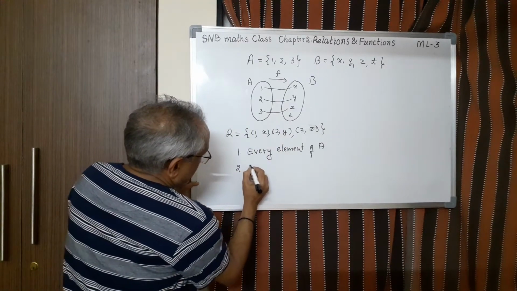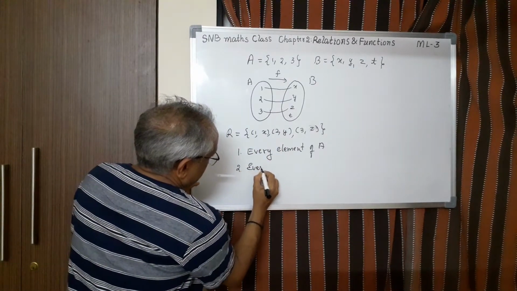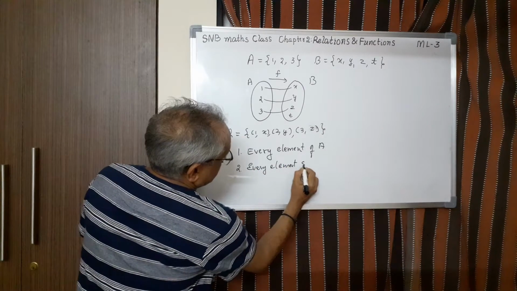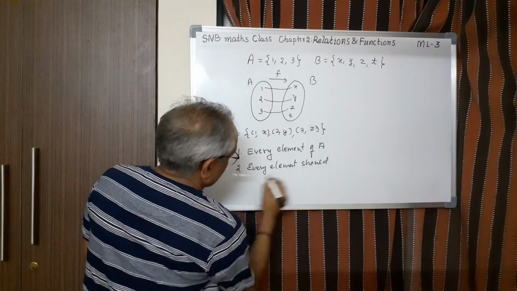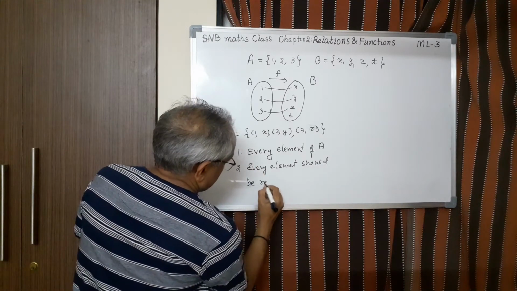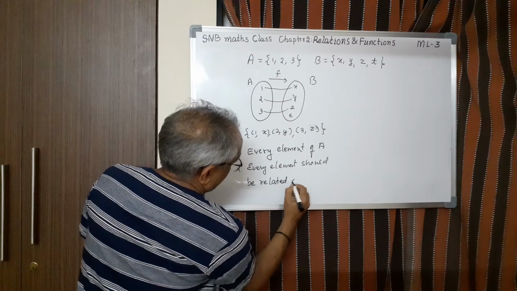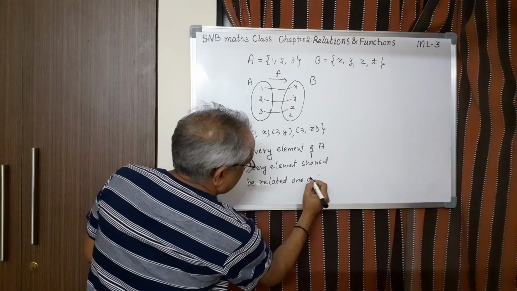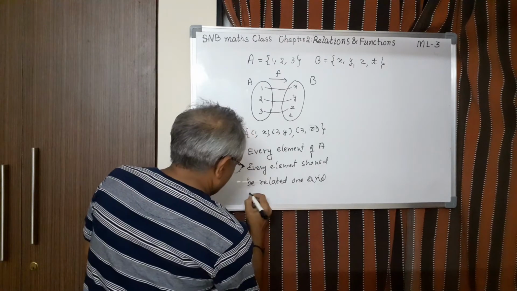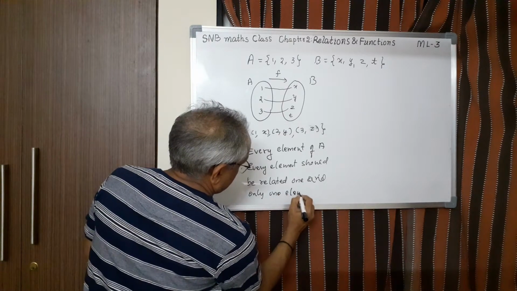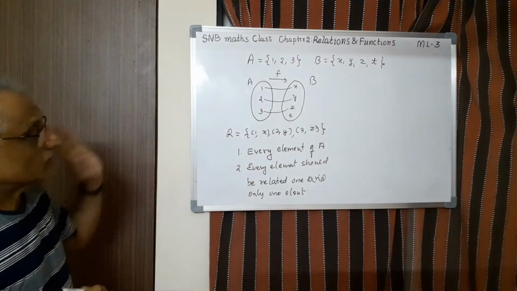Second one is every element should go to or should be related to one and only one element. So these are the two conditions.